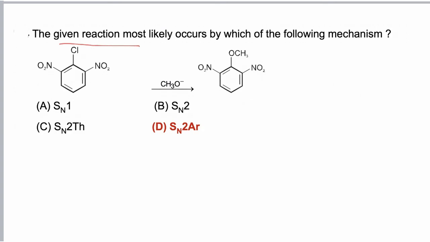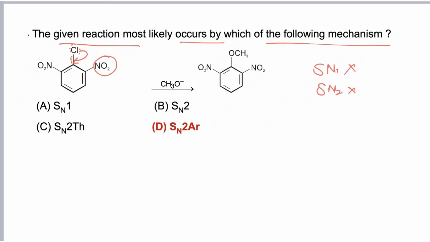The given reaction most likely occurs by which of the following mechanisms? In this case chlorine is attached to the benzene ring, so the carbon-chlorine bond has partial double bond character, so this reaction takes place neither via the SN1 mechanism nor via the SN2 mechanism.